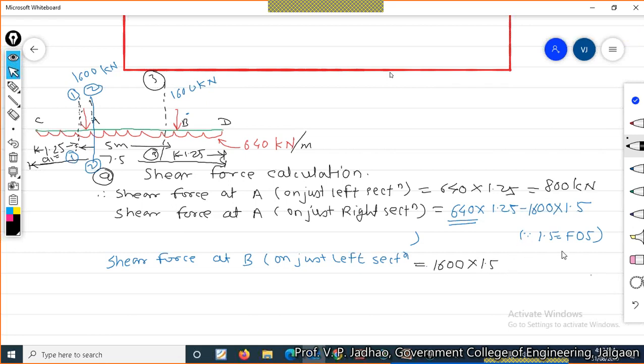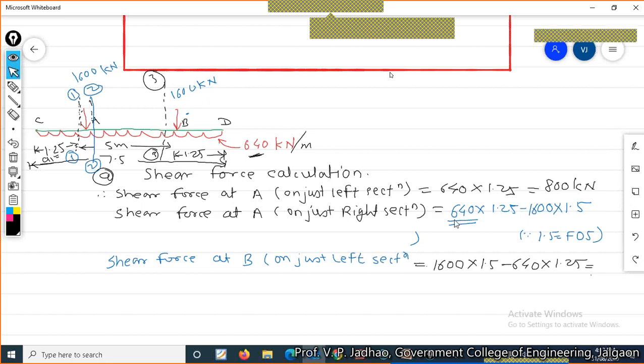Because we are considering 1.5 as factor of safety. 1600 multiplied by 1.5, and this 640 multiplied by 1.25 is going in the upward direction. Therefore, 1600 into 1.5 minus 640 into 1.25. So this shear force will be equal to, how much will it be?